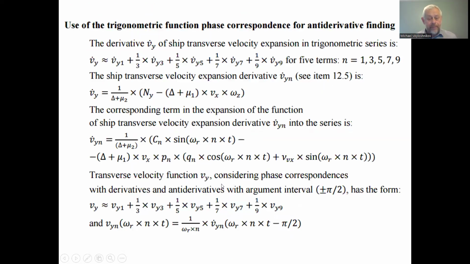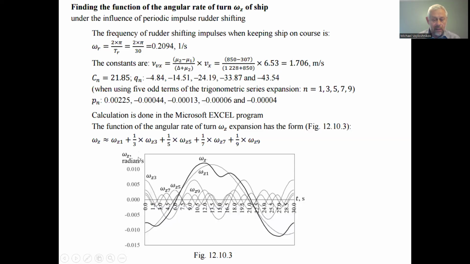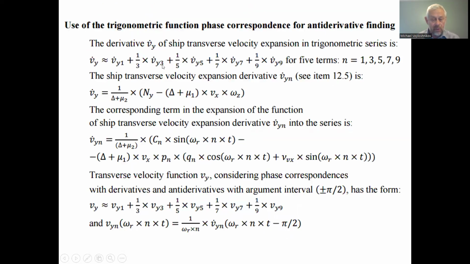And next we have another element of the motion, the transverse velocity. Let me remind you that, as with the angular velocity, for the transverse velocity we are looking at the ship's Cartesian coordinate system.